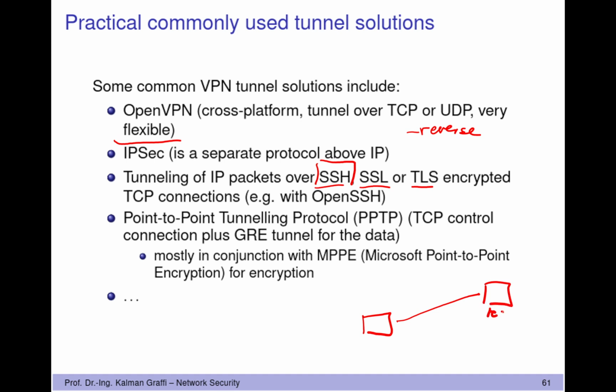So this is remote. You expose some kind of port, let's say port 1234, that you can open, and every message that is sent to this port can be directed to your machine.